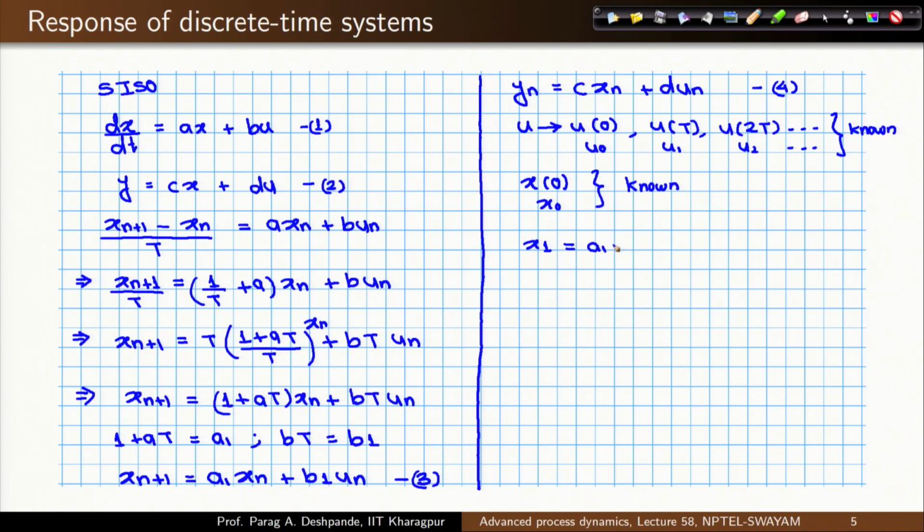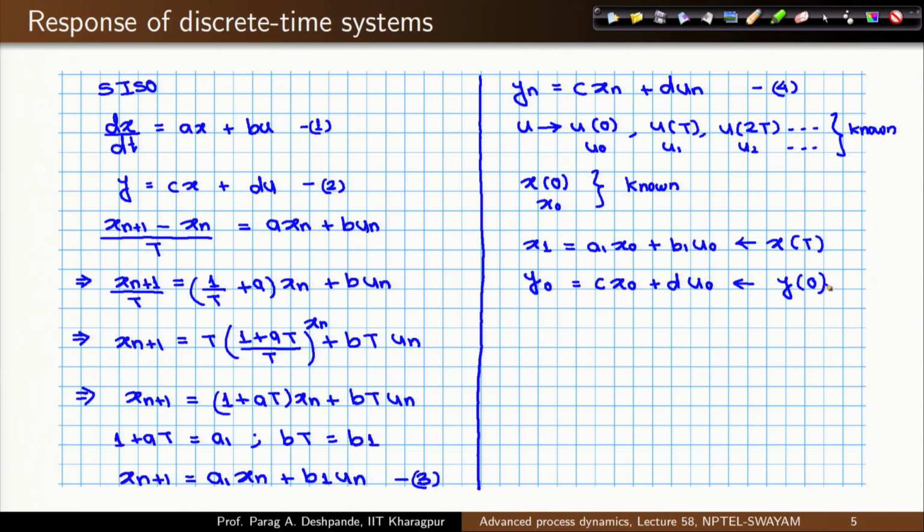A1 times x0 plus B1 times u0, and since x0 and u0 are known, you now know x1 at time T. Now, what is the meaning of equation 4? y at 0 would be equal to C times x0 plus D times u0, which means y0 would be known because x0 and u0 are known.